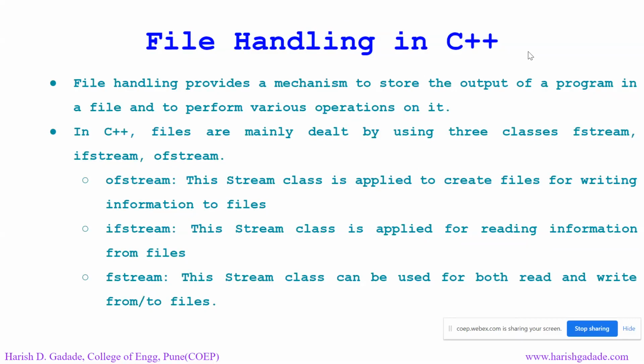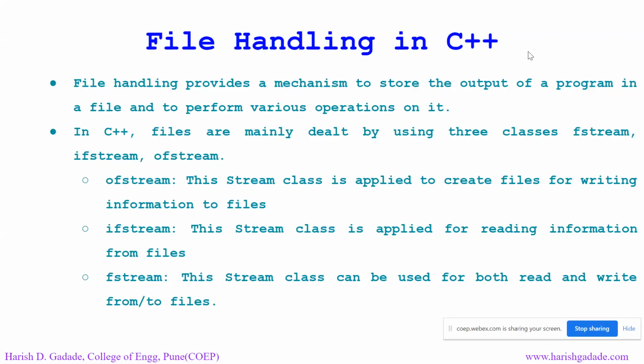Suppose you are doing a sorting program, and once you have given that input to that program, the data gets sorted, and after exiting that program, when we rerun that program again, we need to give that data, right? But if you are having the file handling concept, once we enter that data, we apply that sorting algorithm on that data, and when that data gets sorted, the second time or at any time, when you open that file, that data will be in sorted manner, right? So that is the purpose of file handling.